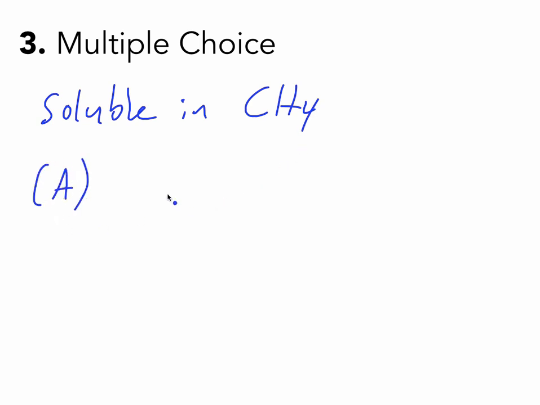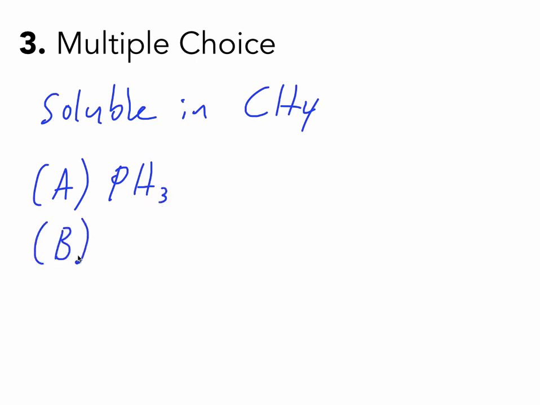This one I'm going to speak out, okay? I want to know which of the substances below are soluble in methane, CH4. So which ones are soluble in methane, CH4? Okay, the first one I'm going to draw up here is going to be PH3.